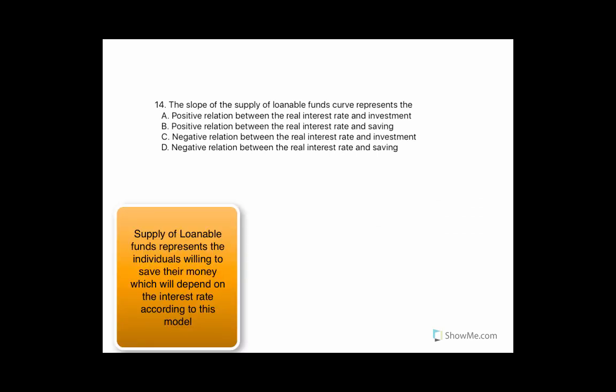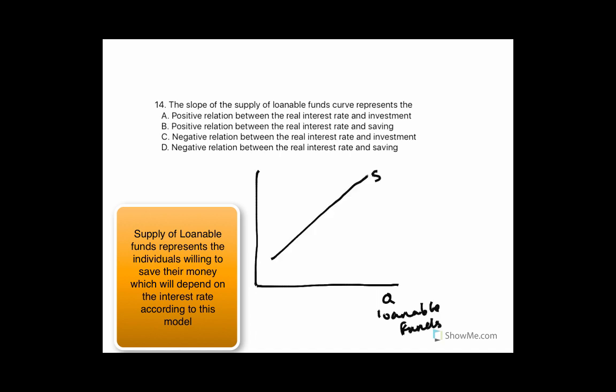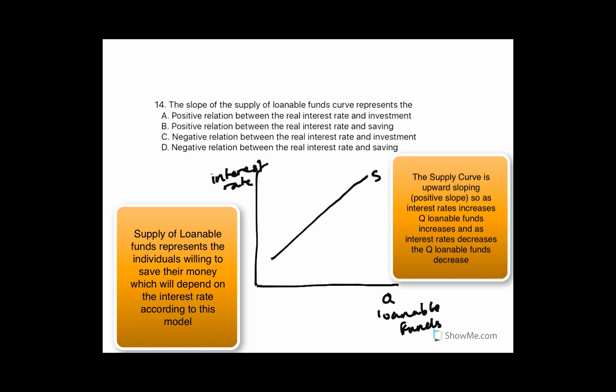Okay, so the slope of the supply of loanable funds curve represents, okay, so again, I'm going to draw that same, this is quantity of loanable funds. Right, the supply comes from people willing to save their money in banks or the banking system, and this plots interest rate, right, against the quantity of loanable funds.